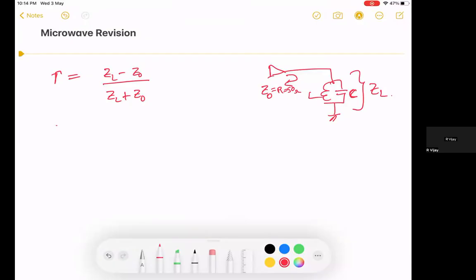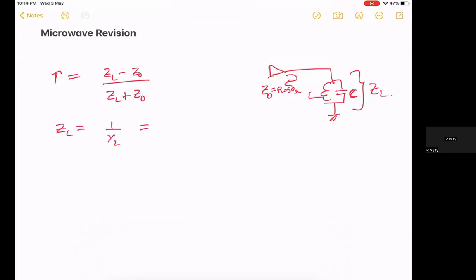So one way of doing it is to basically say Z_L is 1 over Y_L, and Y_L is easy because admittance is the inverse of the impedance. So you can just write down the admittance of each of these two elements. The impedance of L is jωL.